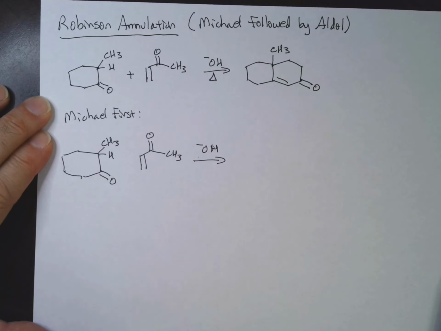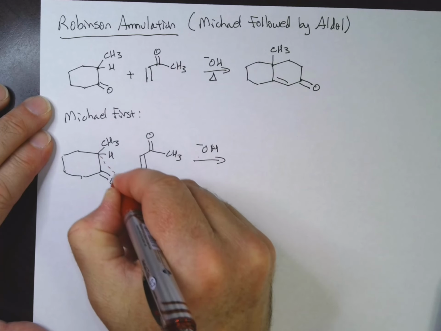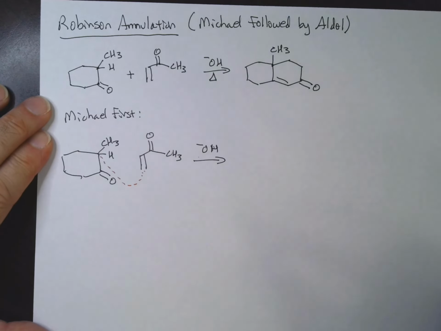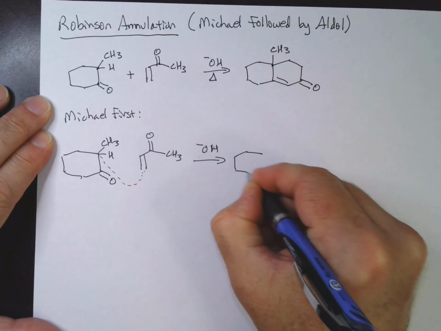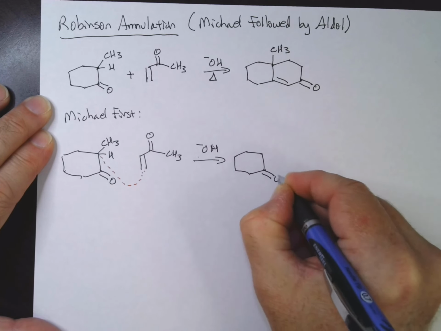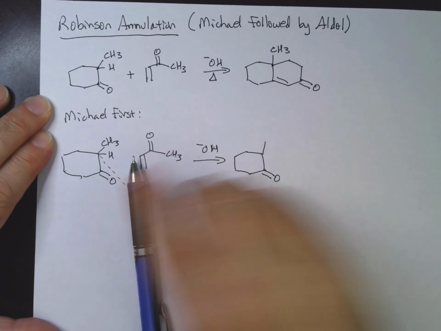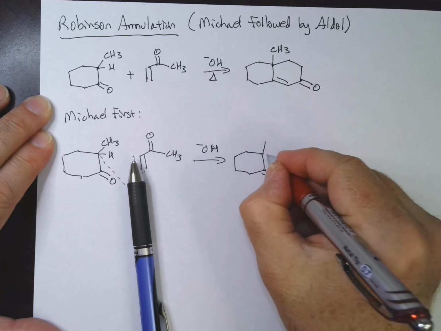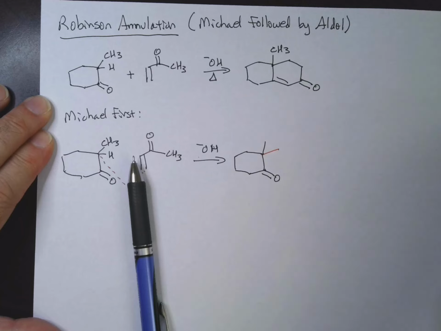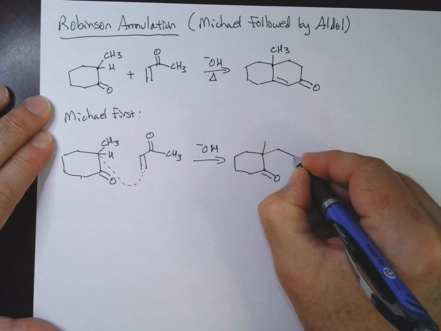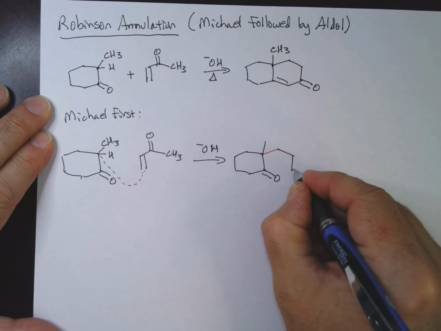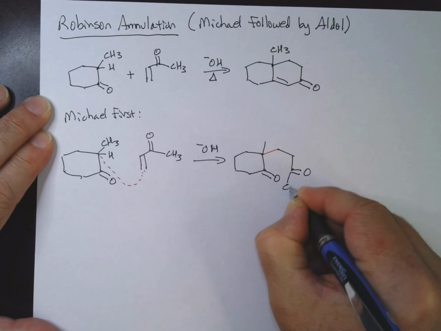And I'm not going through the full mechanism here. I'm just showing you sort of schematically what happens. So we do the Michael first, and that gives us now a new bond. Boom. And then I've got 1, 2, 3, double bond O and CH3.